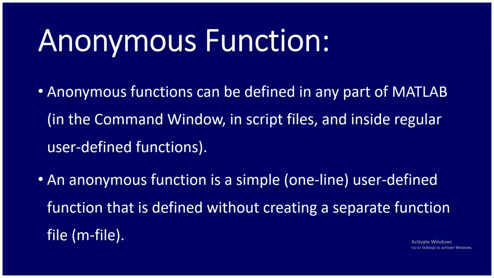So an anonymous function can be defined in any part of MATLAB. That is, in the command window you can define the anonymous function, in script files, or inside regular user defined functions. So what are anonymous functions? It is a simple one line user defined function. So you need not save it, you can directly use it.